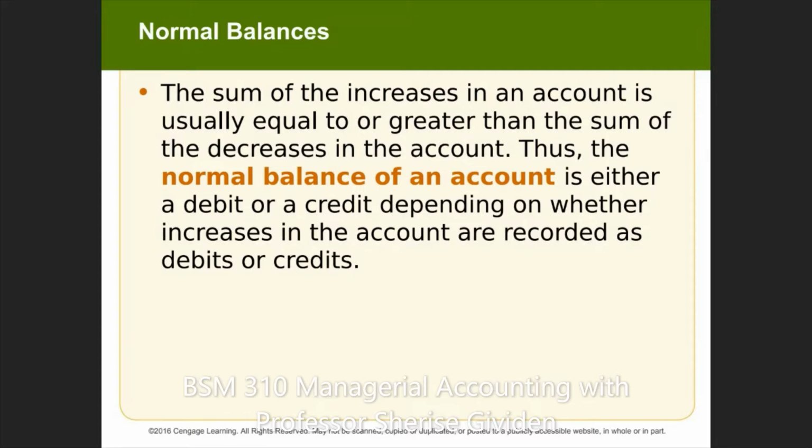So that's kind of what they're stating here, depending on whether the increases are recorded, if it increases with a debit or if it increases with a credit. So it just depends on how the account increases. And that can help you to just determine the normal balance of the account, which the normal balance is always a positive number.